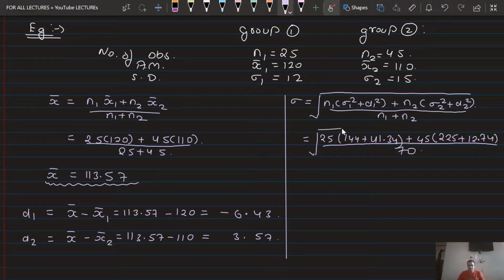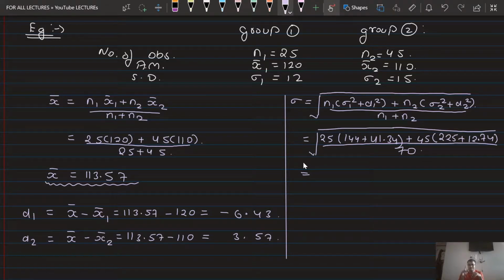Now see, I'll tell you how to add this directly without using your notebook any further. What you do is first add 144 and 41.34. See what you get, tell me. 185.34.